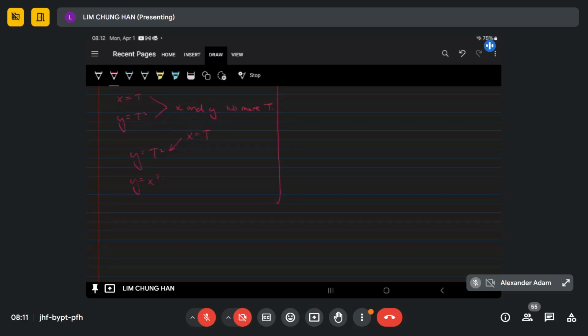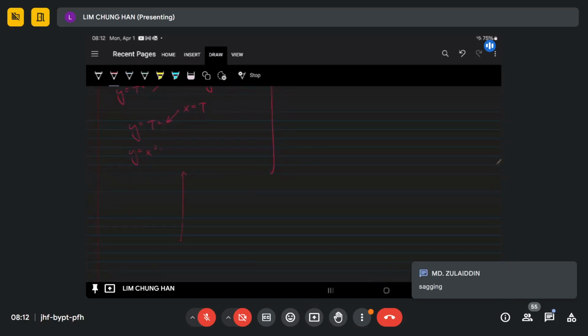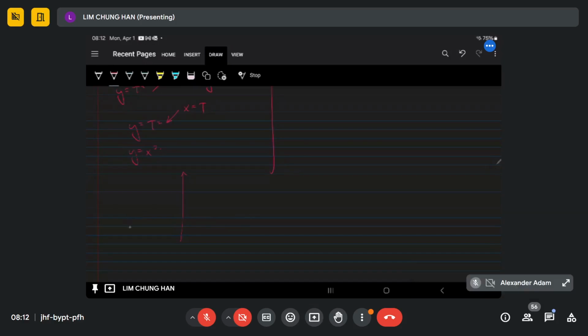So next we plot. How do we plot? Well, this one's simple. What is y equals to x squared? From memory, or rather, you should know, y equals to x squared is this.